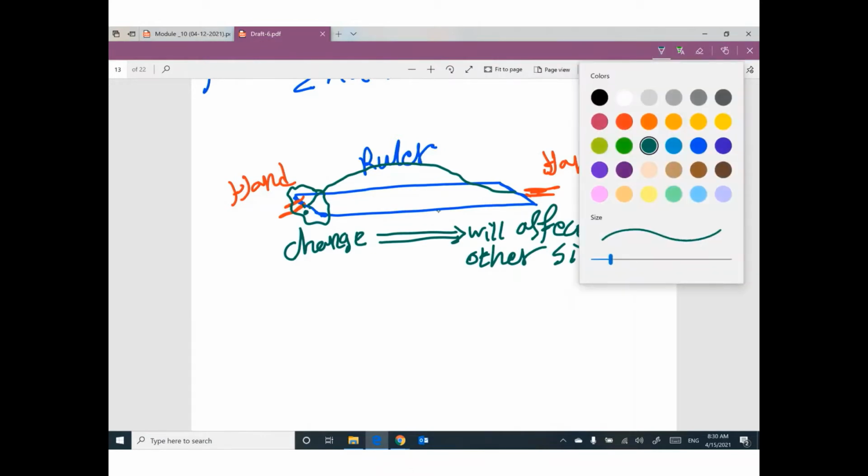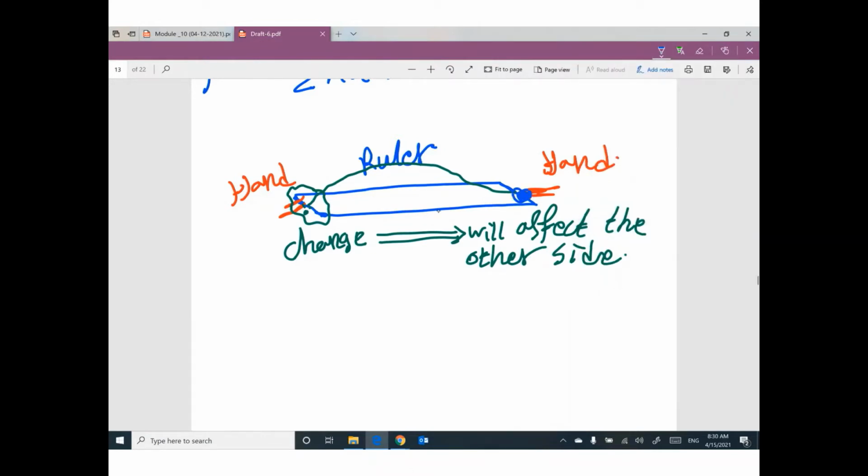Even if you didn't do anything here, you are keeping your hand catching this end. You rotate only the other hand. Anything on the other hand will affect the other side.